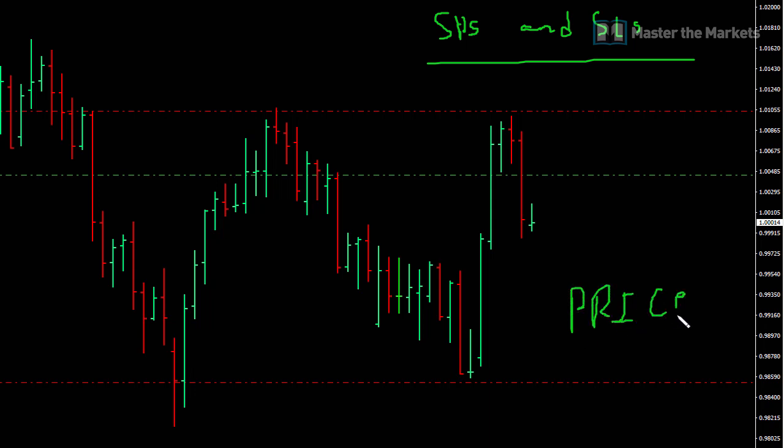Not many people know how to quantify swing highs and swing lows just based on price.